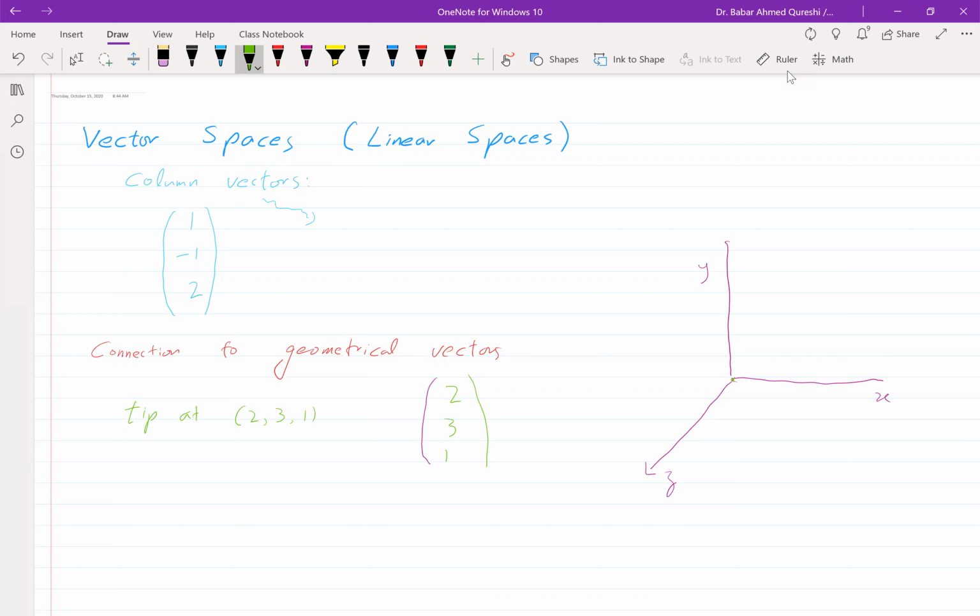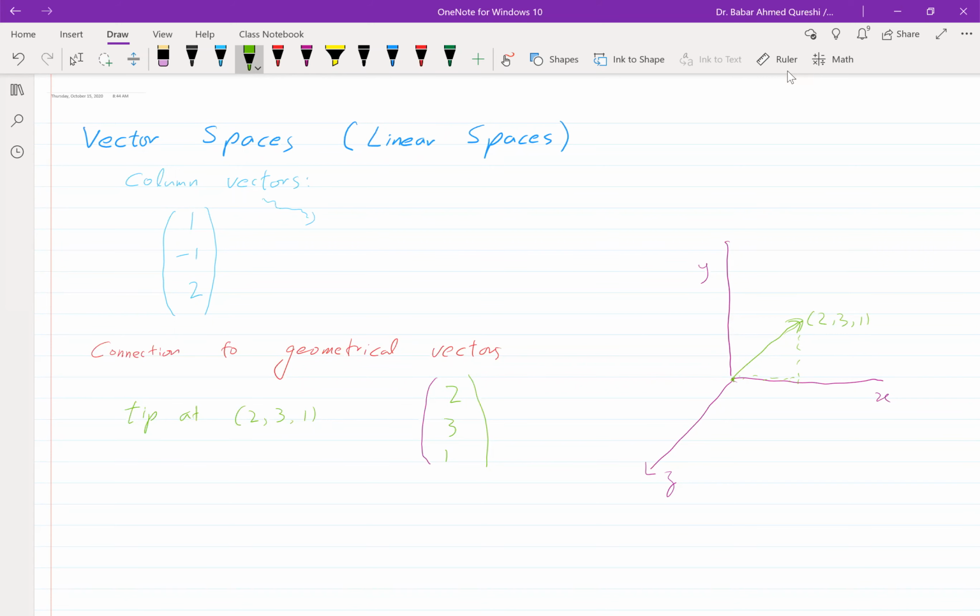So it's something like some guy going like this. The coordinates of this point are 2, 3, 1, going 2 steps in the x direction, 3 steps in the y, and 1 step towards the z axis.